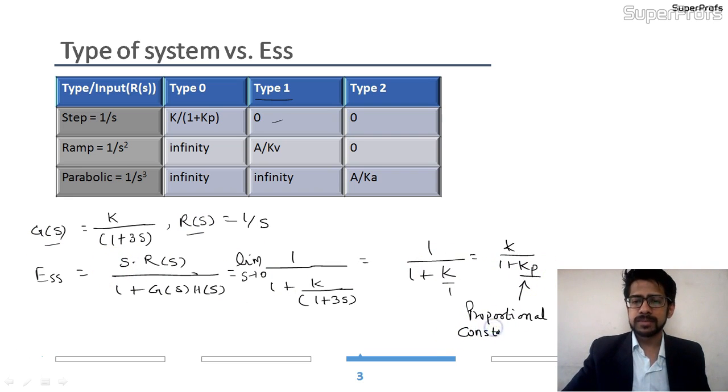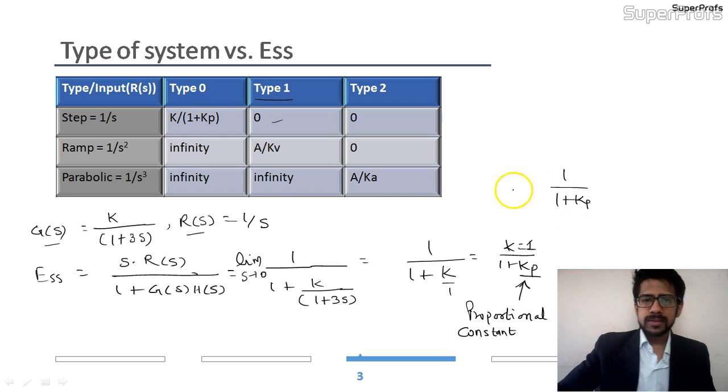So you will be expected to calculate the steady state error first, convert the steady state error into the form k upon 1 plus kp, and whatever is the value of kp, you will get it as the proportional constant. Often this k will be equal to 1, and hence the error will be of the form 1 upon 1 plus kp. You will be expected to find out this kp.